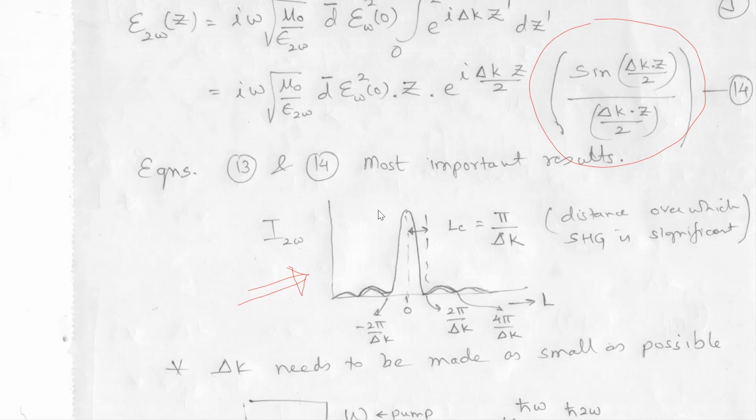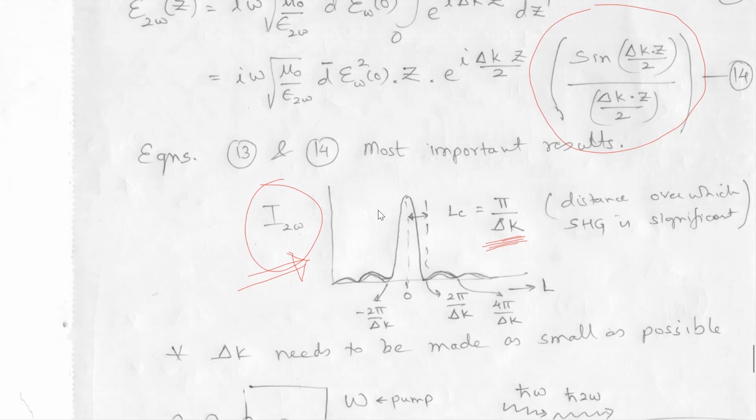And you see now the closer delta k is to 0, right, the greater is going to be the generation of the intensity of the I2 omega field, right? And one can associate a sort of a length scale or a coherence length within which there is a significant generation of the second harmonic field.